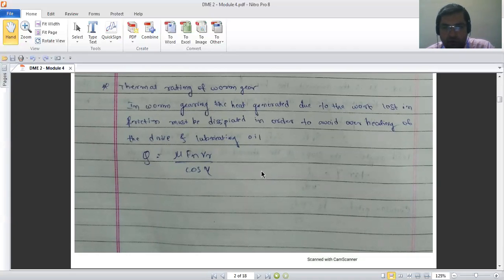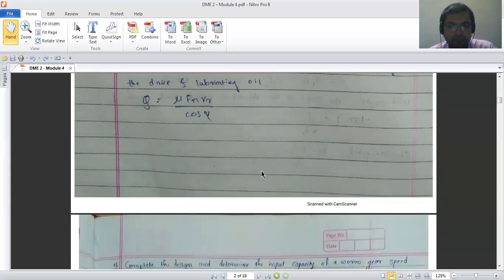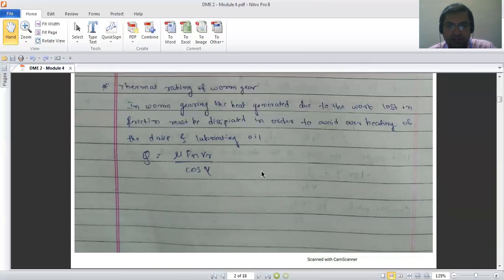If it is overheated, then the system may fail. So this overheating or thermal rating of a worm gear can be estimated using the equation Q equals mu Fn Vr by cos gamma. So with this detail, now we are going to solve the numericals related to worm gear.